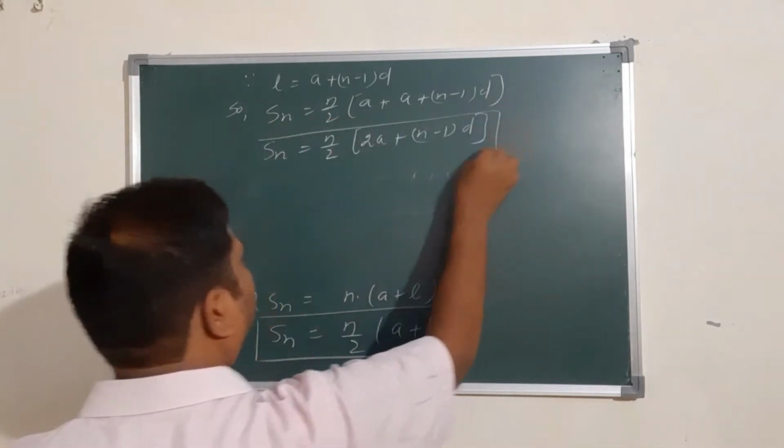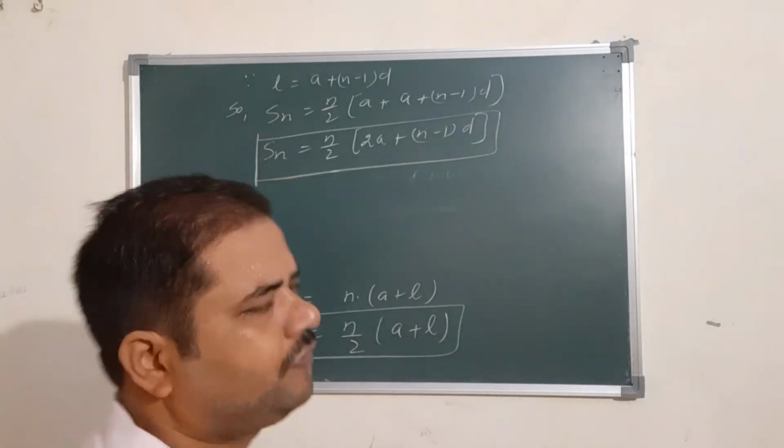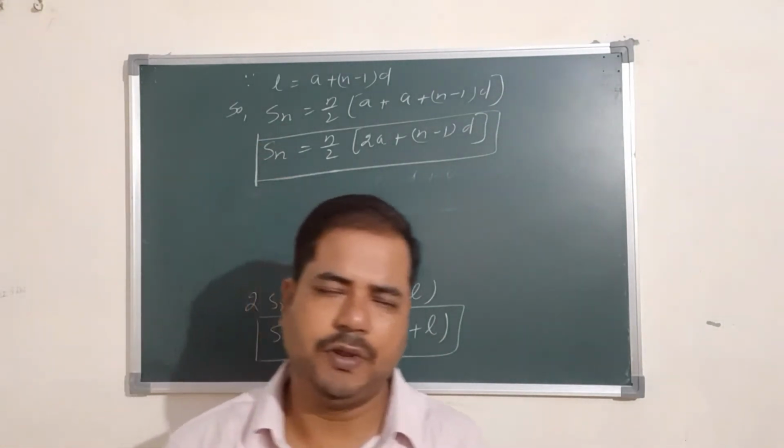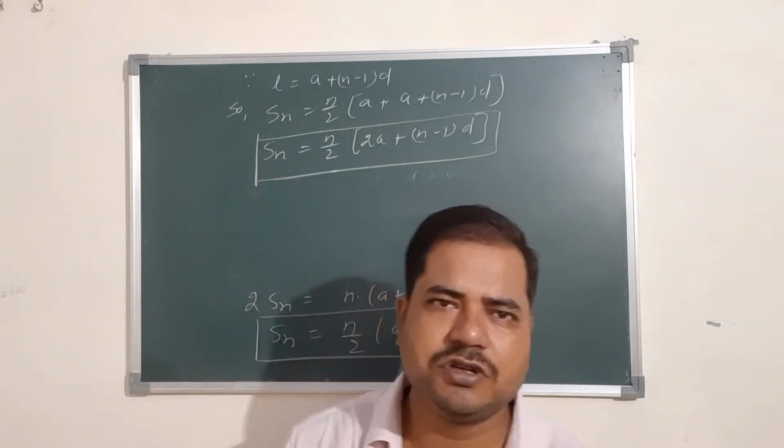So this is the formula for the sum of n terms of an AP. Now we shall discuss some questions based on this.